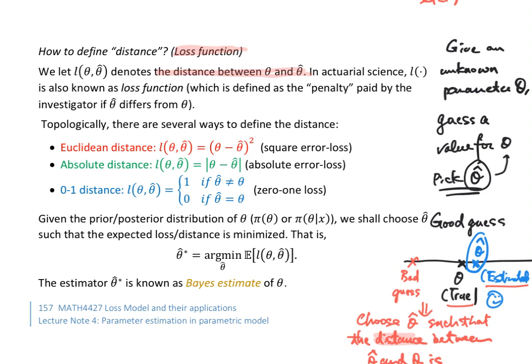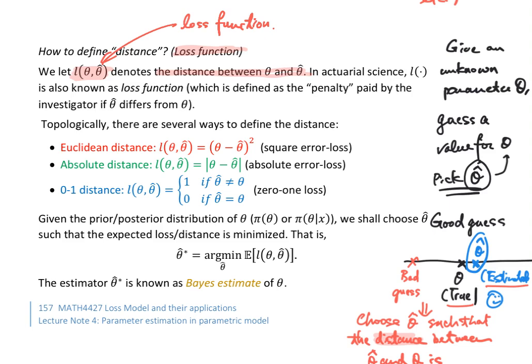We will denote it by L(theta, theta hat), which measures this distance, and this is what we call the loss function. Given this notation, the next thing is to build up the formula for this loss function.